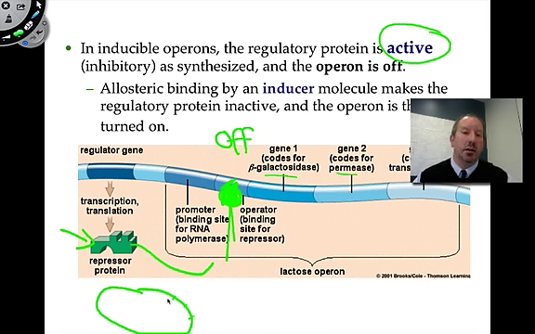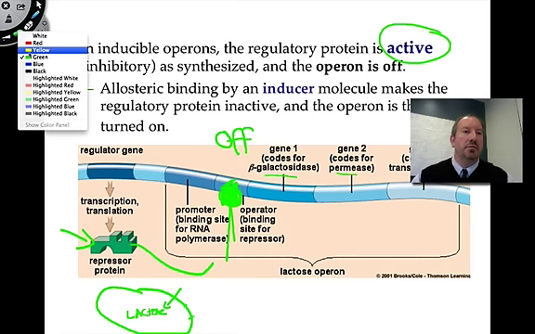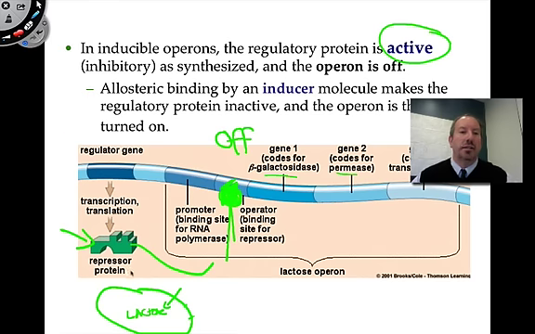But as it turns out, once lactose gets into the cell, lactose itself, the disaccharide, attaches to a protein. This is so interesting. A disaccharide attaches to a protein, changes its conformation, causing it to fall off the operator sequence.